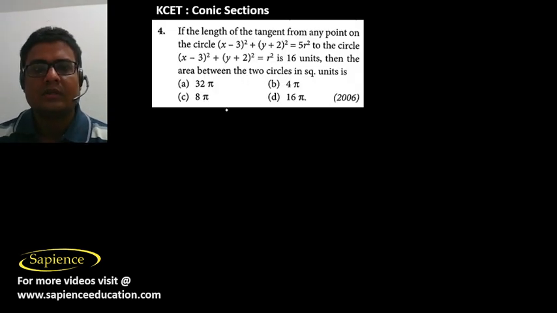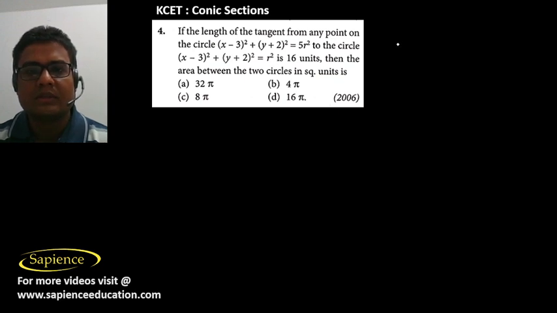Then here it is told, if the length of the tangent from any point on the circle x minus 3 whole square plus y plus 2 whole square equal to 5r square to the circle is 16 units, then the area between the two circles is how many square units.